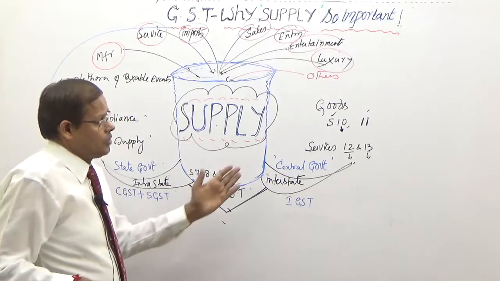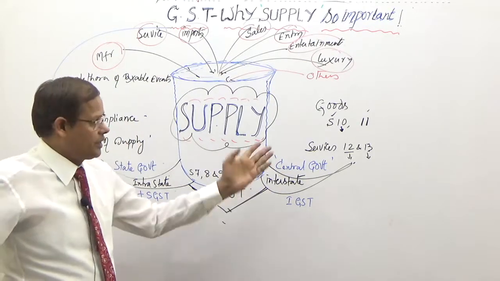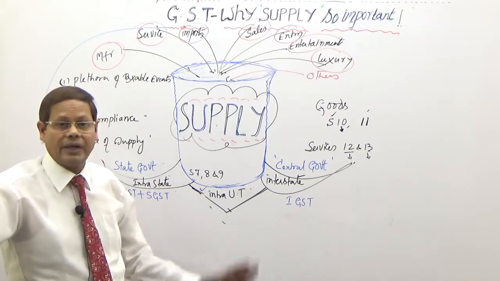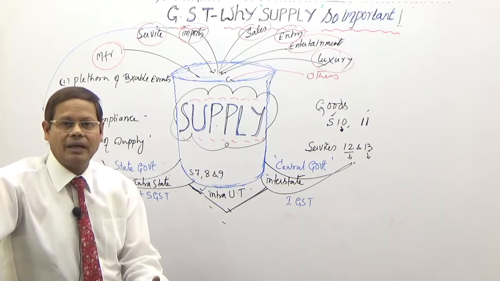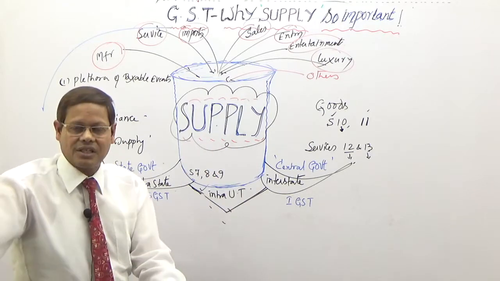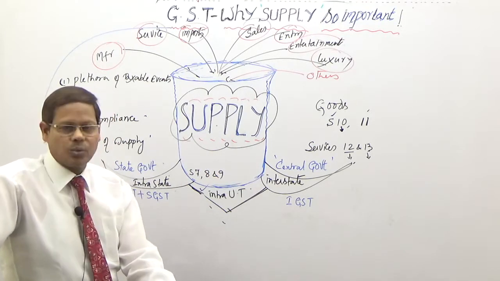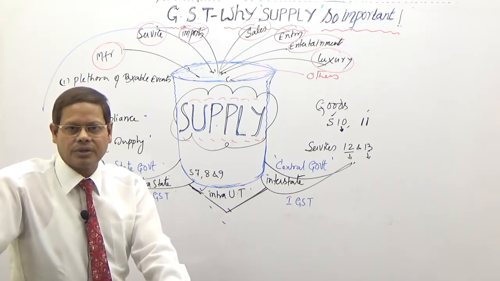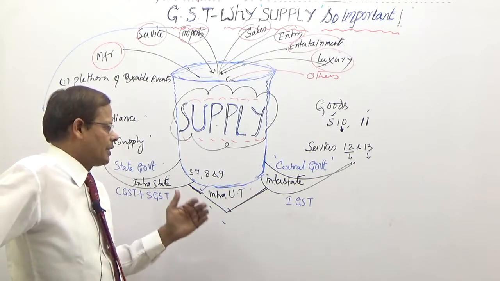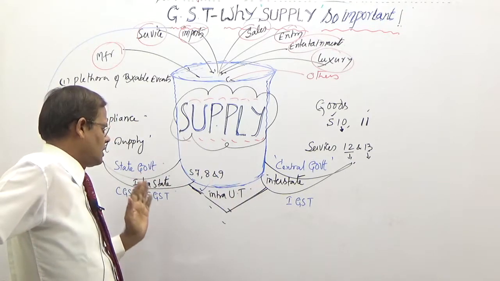So you have to refer to these things, very, very important. Thereby you will find out whether this supply of goods or services, as the case may be, is in a taxable or non-taxable territory, or is interstate or intrastate.